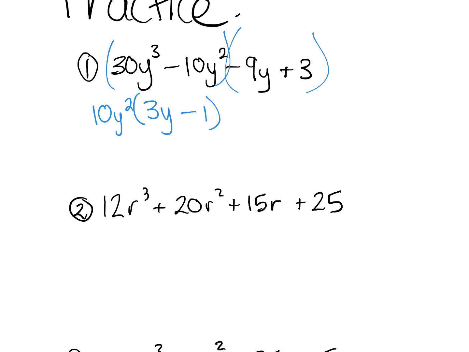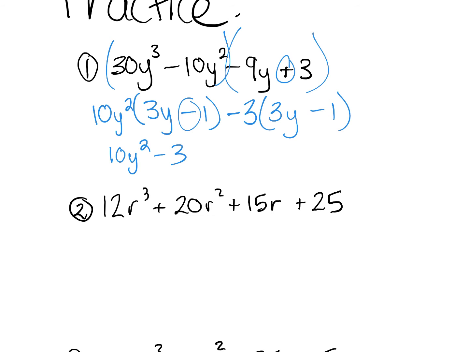For my second group, I'm going to take out a negative 3 because I need to switch this sign to make it match this one. So then I have 3y and then a minus 1. So then you pull down your coefficients, or your stuff in front, to make your first set of parentheses and then drop down one of your second ones.